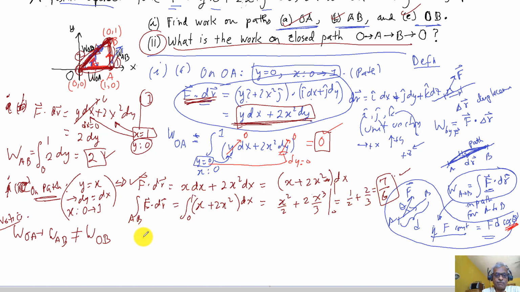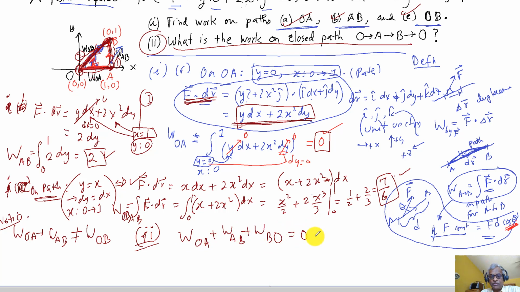So this will be for part 2: W_OA plus W_AB plus W_BO, and this one was W_OB. So this will be a negative relationship.